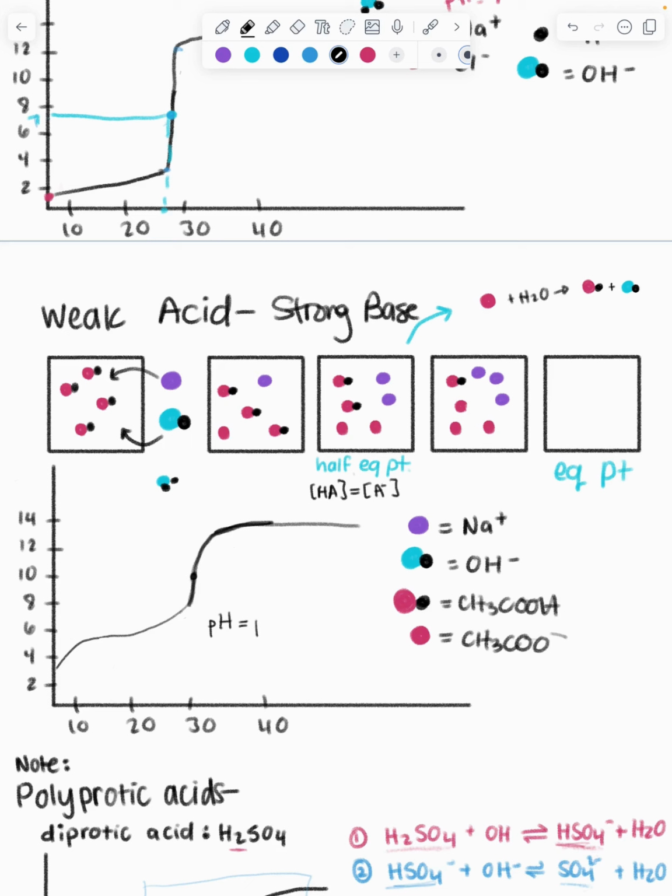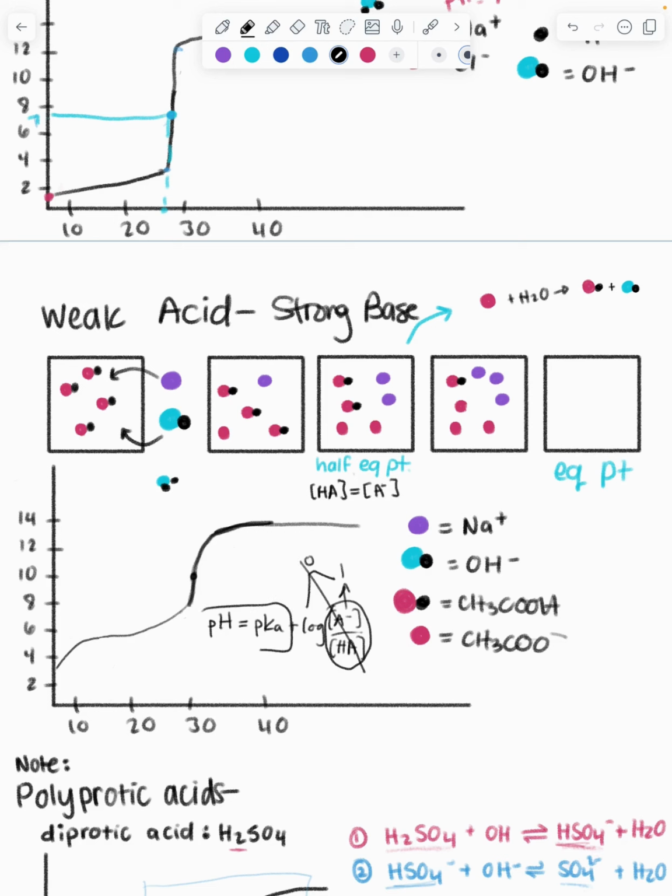So my pH, according to the Henderson-Hasselbalch equation, pH equals pKa plus log of the concentration of the base over the acid. Okay, so at the half equivalence point, this ratio is going to be 1 because they're equal concentrations. And then the log of 1 is just 0, so I can just completely disregard this.